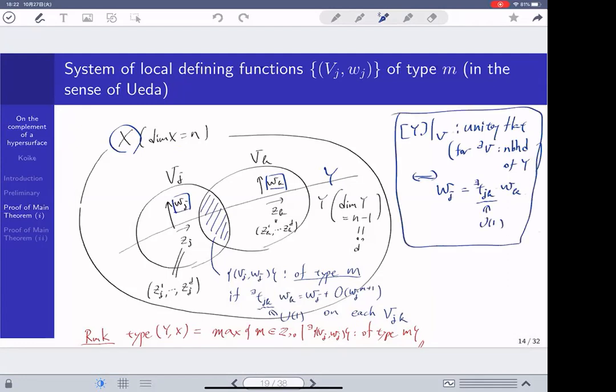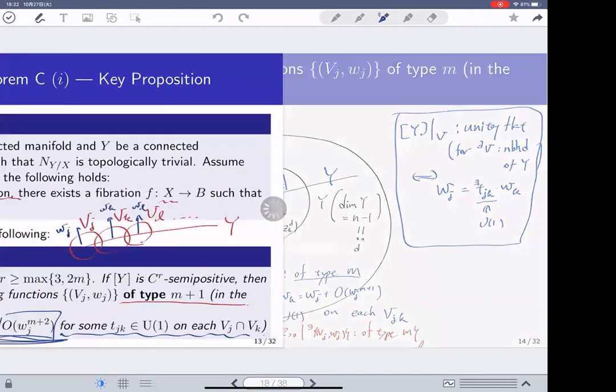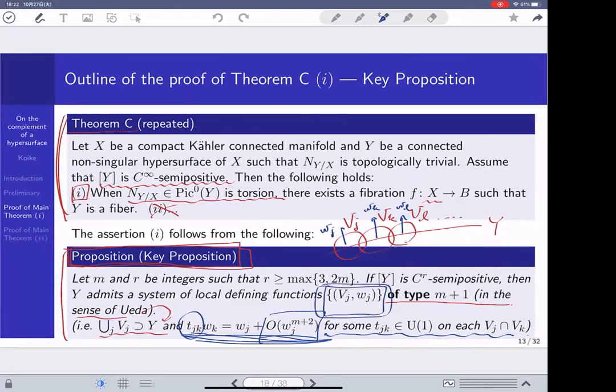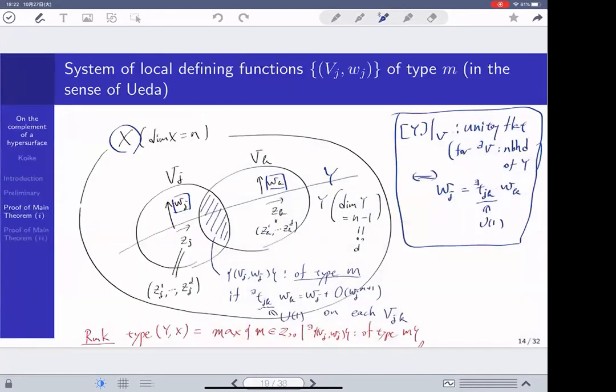But if we say that this system of defining functions is of type n plus 1, or type m, we do not require that it is actually a unitary rotation, but we only require that it seems to be a unitary rotation modulo w powered by n plus 1.